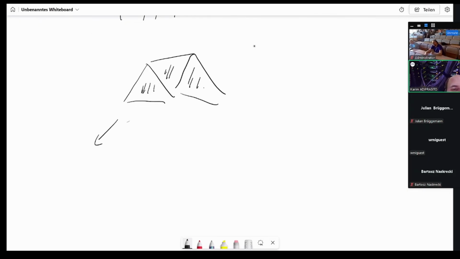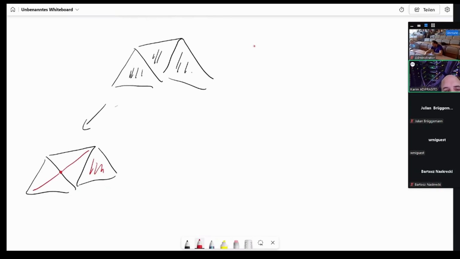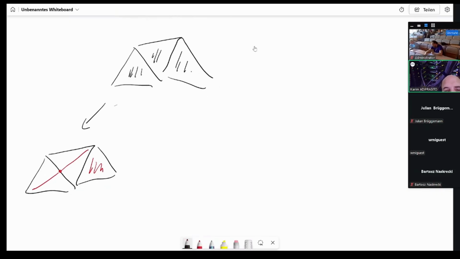I could perform a stellar subdivision in an edge on the left, like this, and I could perform a stellar subdivision in an edge on the right.